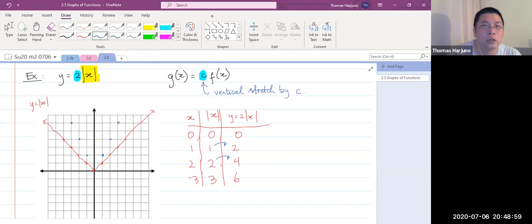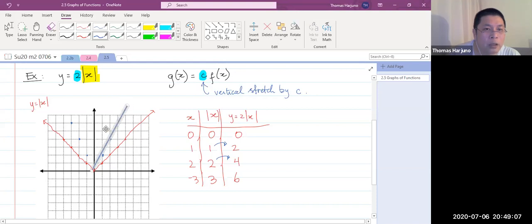So the resulting graph, after you multiply it by 2, will look like this. And the other side will look like this. Okay.